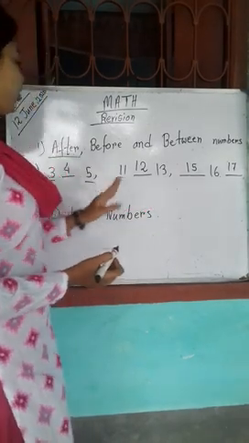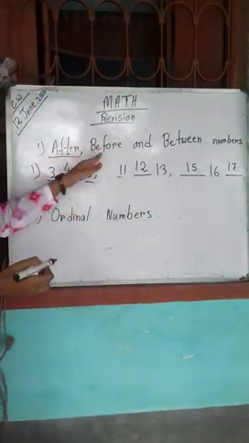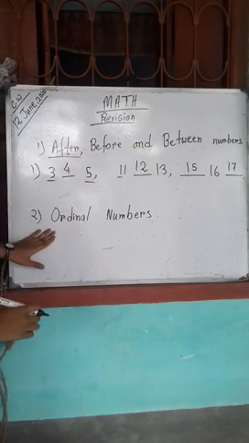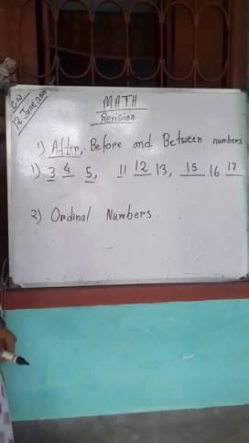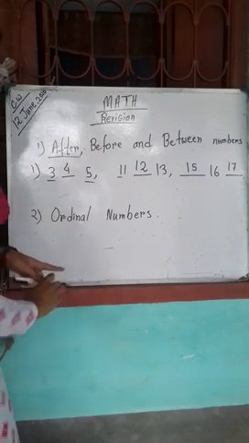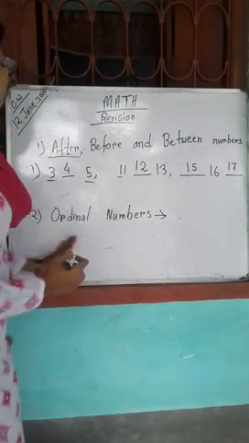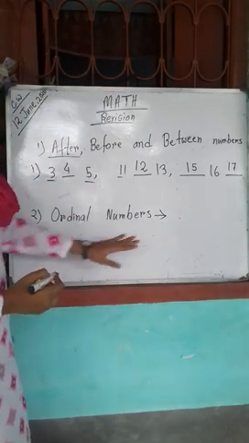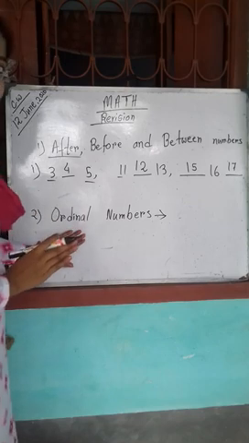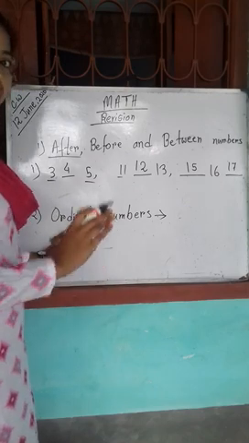Now I hope you understood what are before, after and between numbers. Now we will write ordinal numbers. So this number will denote an order. It will indicate an order.